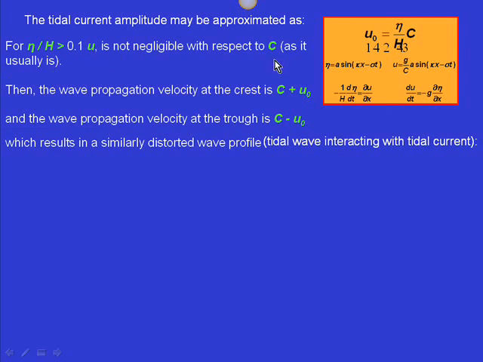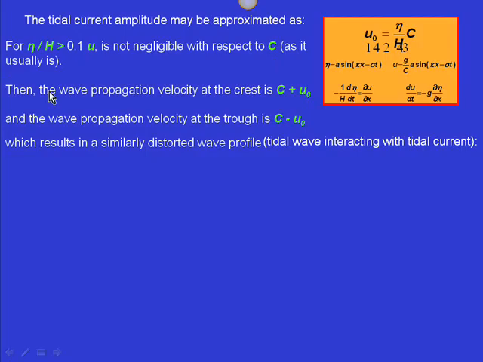Right? So imagine if the depth starts getting shallower and the tidal currents are still strong, then the tidal currents are not small anymore as compared to the phase speed of the tidal wave.